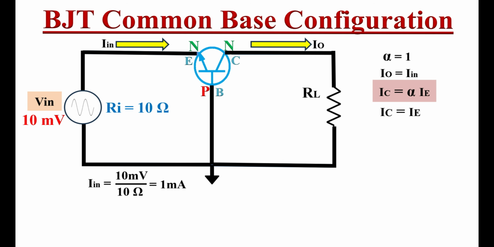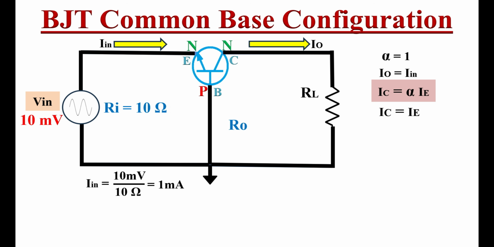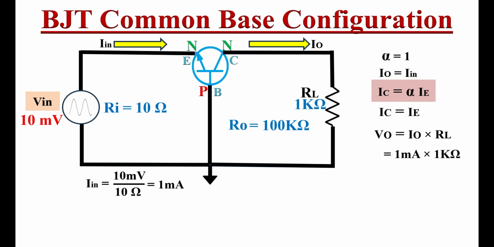Now let's assume output impedance RO equals 100 kilo ohms and load resistance RL equals 1 kilo ohm. Now output voltage Vout equals Iout times RL, that equals 1 milliampere into 1 kilo ohm. That gives output voltage Vout as 1 volt.